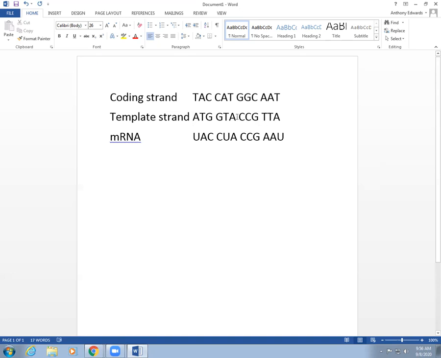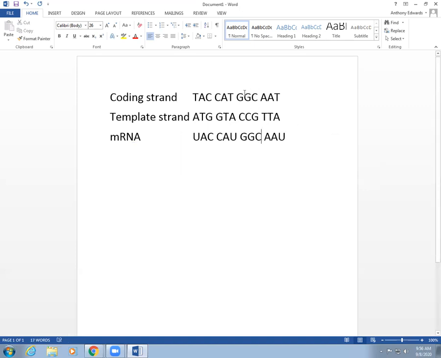On the second one, on the mRNA? All right, so like right here? Thank you. So I have that one backwards. I need to drink my coffee.